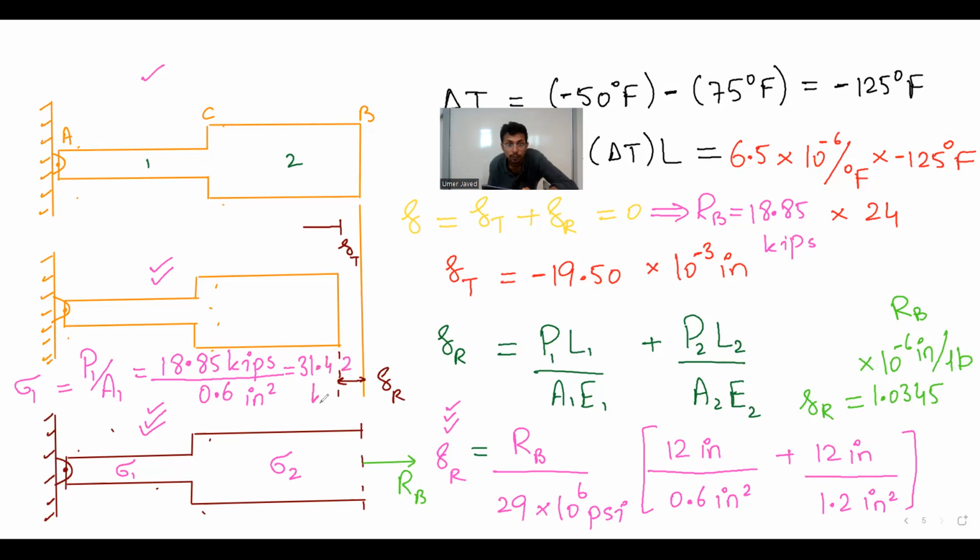And last but not least, stress 2 will come out to be 18.85 divided by 1.2. It will give me 15.71 kilopound per square inch. This is kilopounds. This is kilopound per square inch.